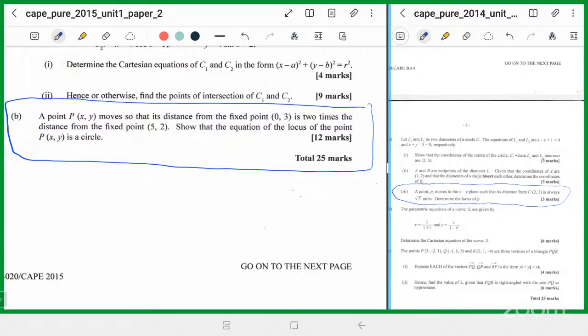Let me try if there's any on 2013. Yeah, I think those are the last two.